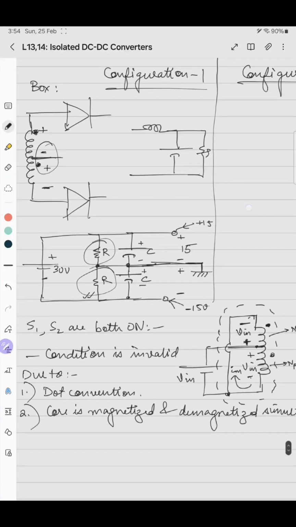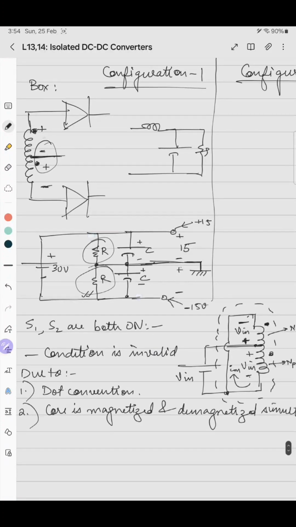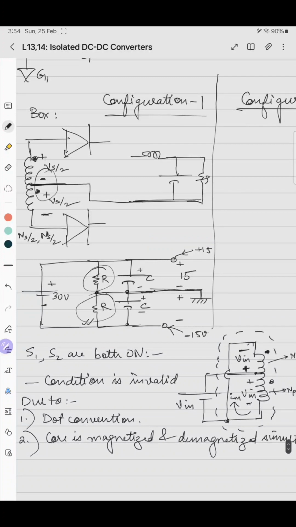By using this principle, if we take the common port, say this is Vs by 2 and this is Vs by 2, because the overall secondary voltage is Vs, the turns are NS by 2, NS by 2, equal turns for the secondary winding. So this ground and this ground is there. You have to connect it as it is. So this terminal becomes positive polarity and this terminal becomes negative polarity.